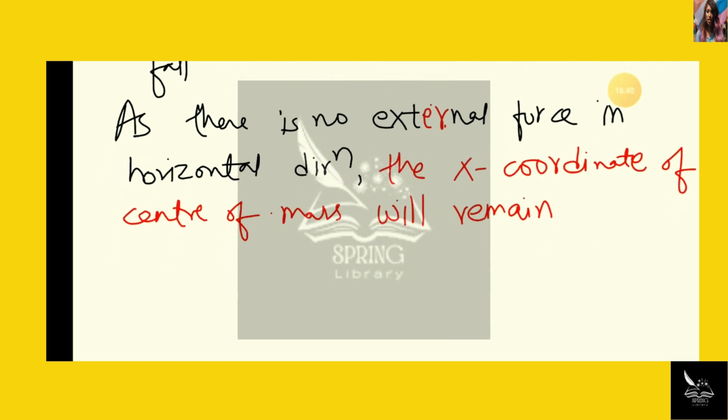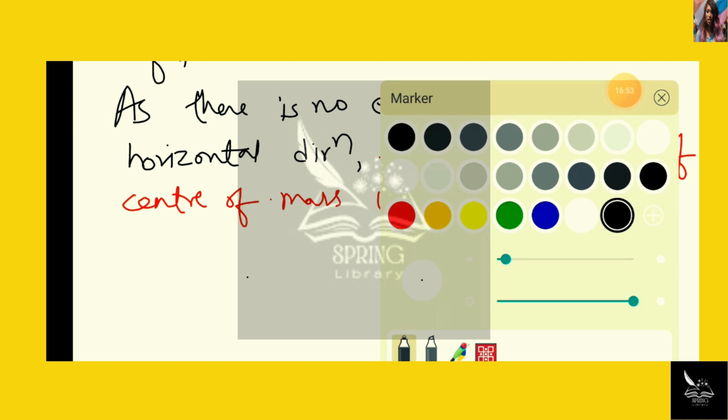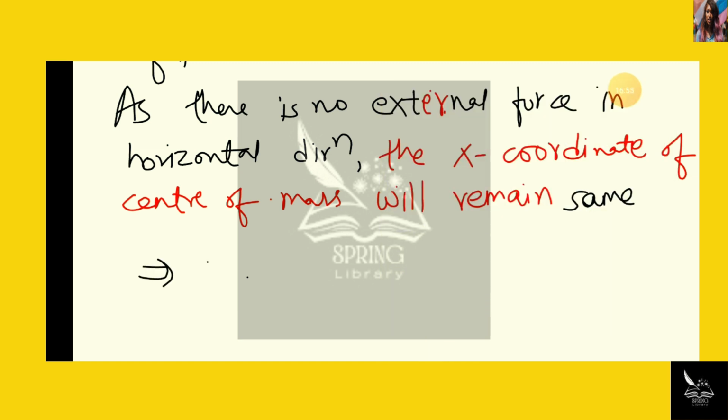So after getting this point, I use the formula for the x coordinate of center of mass. The formula is xcm equal to m1 x1 plus m2 x2 divided by m1 plus m2.